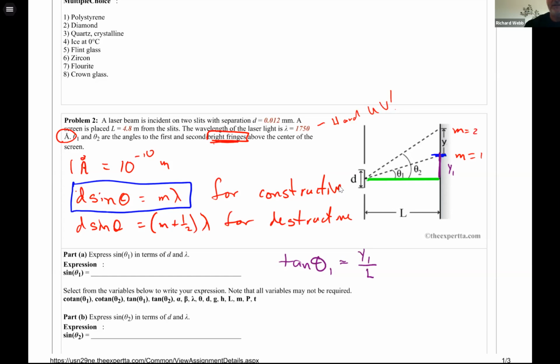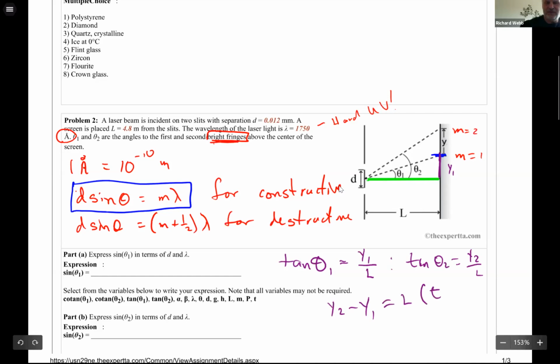And likewise, tangent theta 2 is equal to Y2 over L. We want Y2 minus Y1. So how do we get Y2 minus Y1? L tangent theta 2 minus L tangent theta 1. Or to put it simpler, L times (tangent theta 2 minus tangent theta 1).